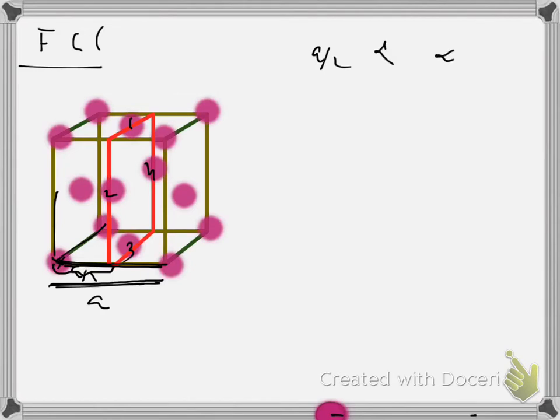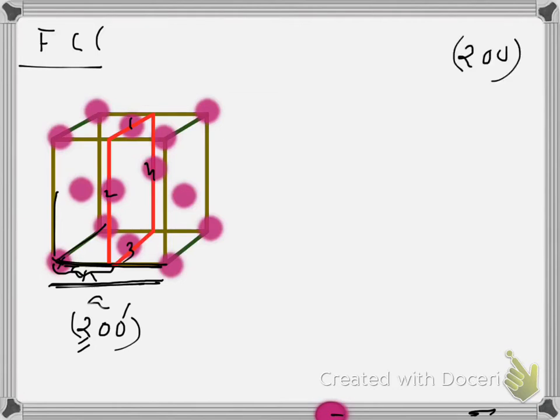Then you will get 2 0 0 as the plane. This 2 means intercept is made at 1 by 2, half distance. 0 means parallel to the y axis, again 0 means parallel to the z axis also. So we have completed 2 0 0 for FCC.